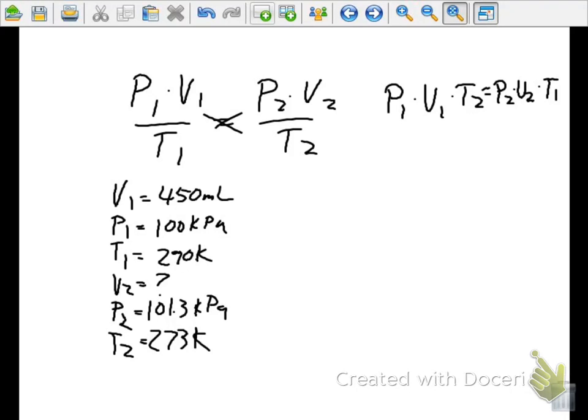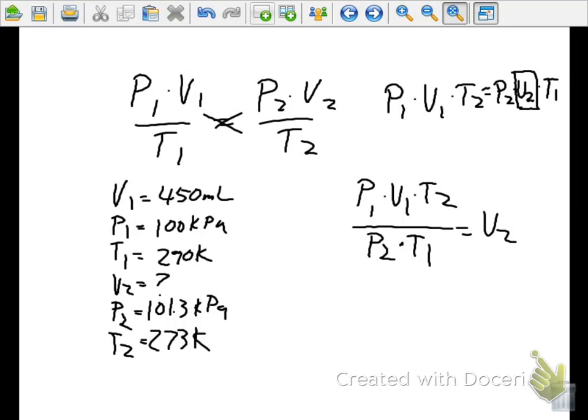Okay? So at this point, I know V2 has to be isolated. I'm going to divide both sides by P2 and T1. So my final setup to solve for V2 is P1, V1, T2, divided by P2 and T1. That gives me the volume. So I just plug my numbers in. 100.